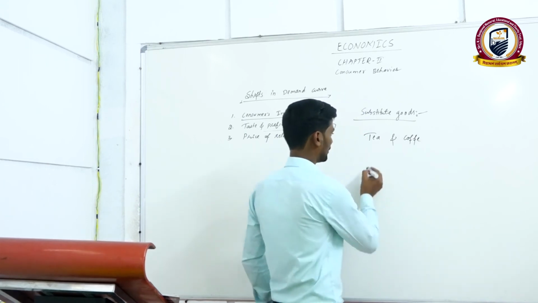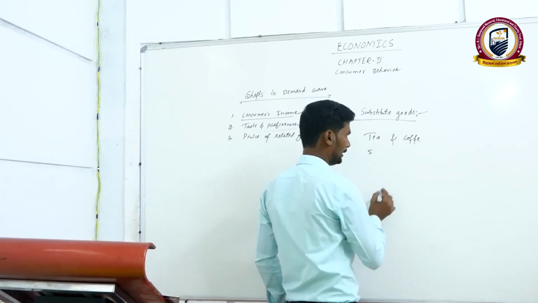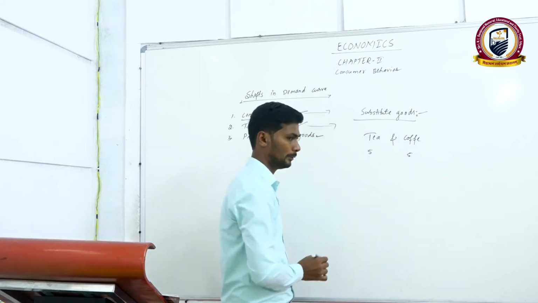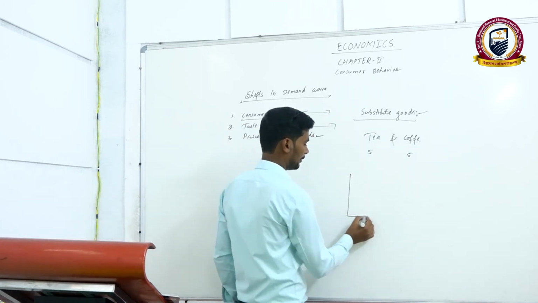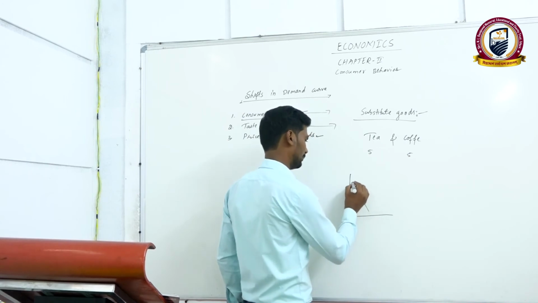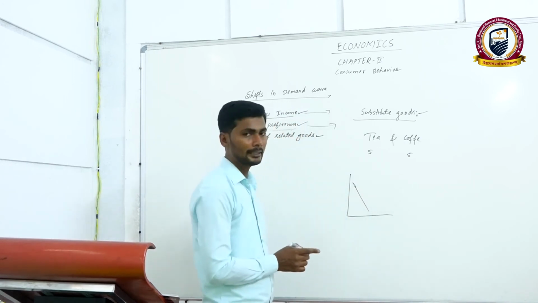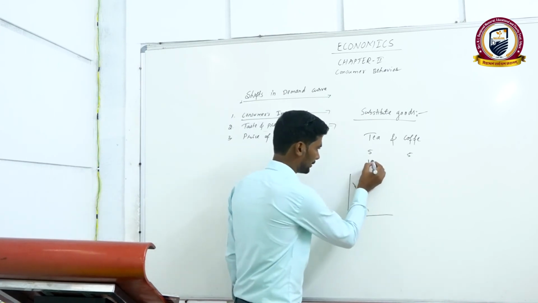Okay, the price of tea, just say initially 5 and the price of coffee is also 5. So the initial demand curve for coffee is like this. Now the price of tea increases to 10 rupees.